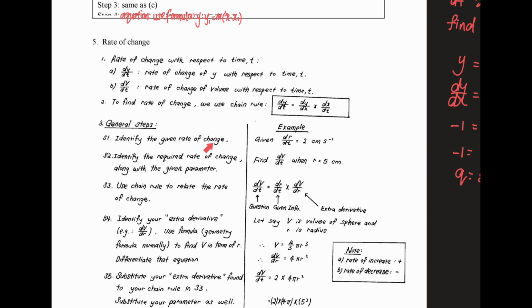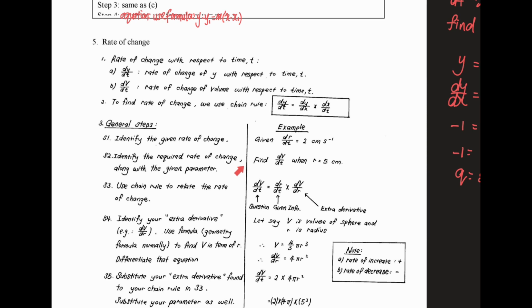Step 1, identify the given rate of change. That means the question will give you the rate of change. So for example, they give you the dr/dt, rate of change of radius. Then you just write 2 cm per second. Step 2, identify the required rates of change along with the given parameter.